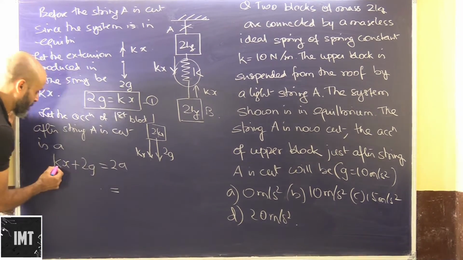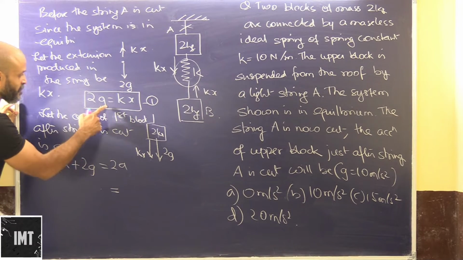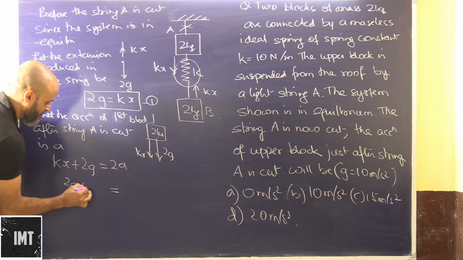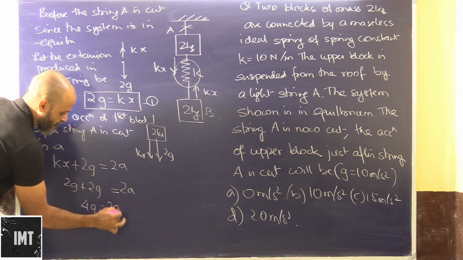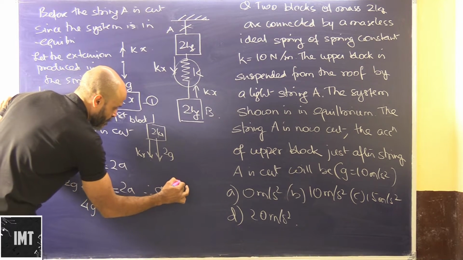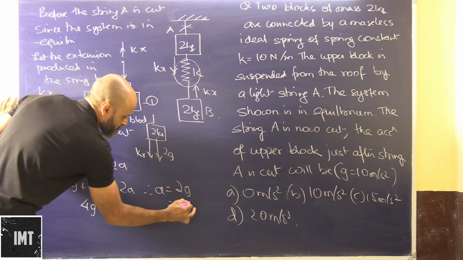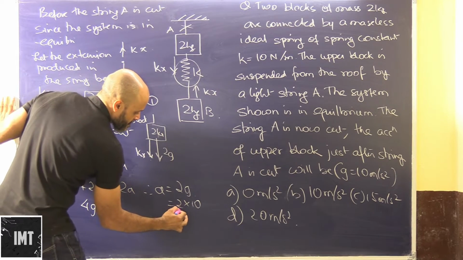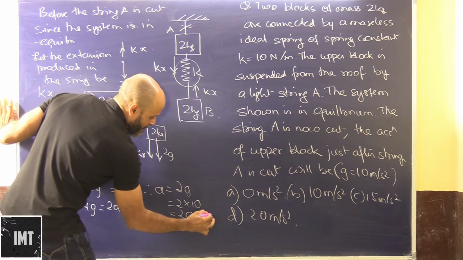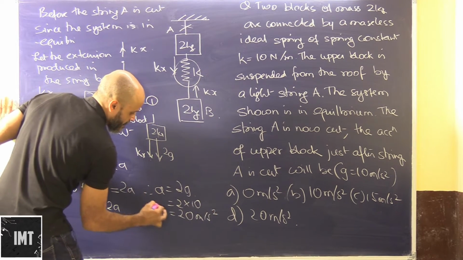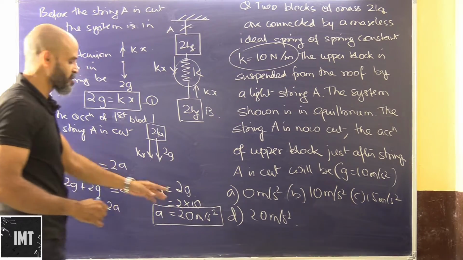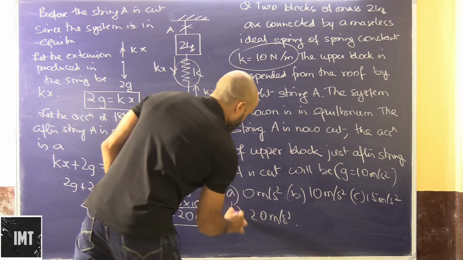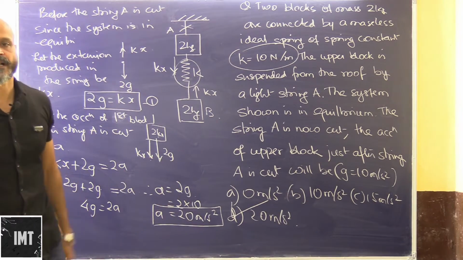Kx is equal to 2g, so 2g plus 2g is equal to 2a. 4g is equal to 2a. Therefore a is equal to 2g, which means 2 into 10, that is 20 meter per second square. Ideally we don't even need the value of k; without this value also we can calculate this. So 20 meter per second square will be the correct answer.